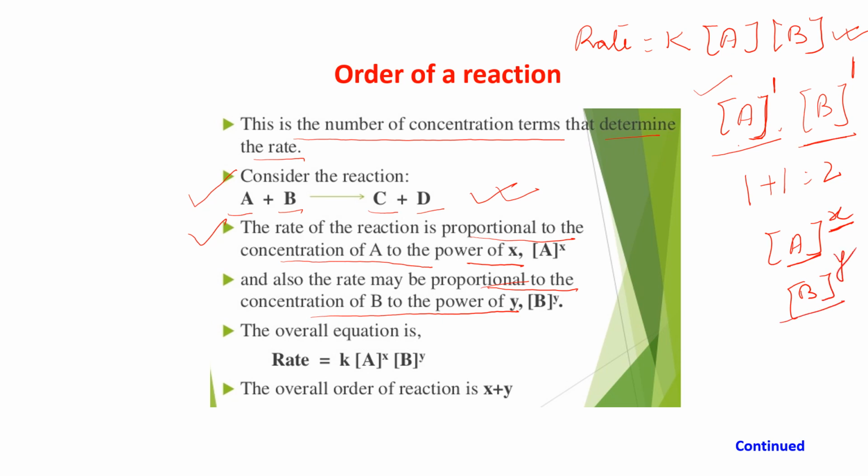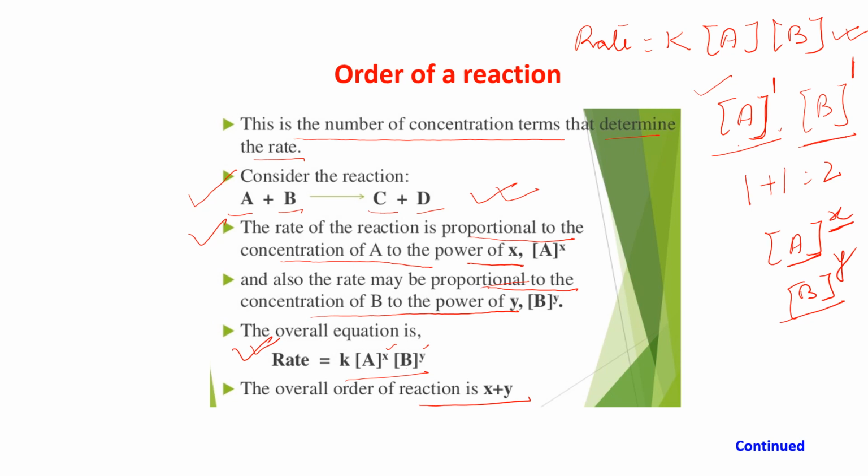It means it is yth order with respect to B. So the overall rate is rate equals k A to the power x B to the power y, and the overall order of this reaction is x plus y. This is the order of a reaction.